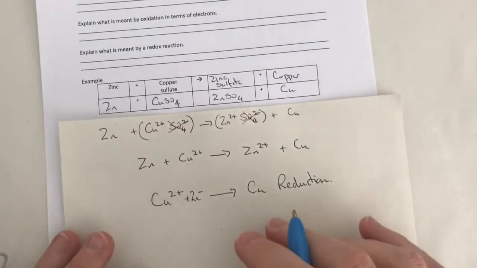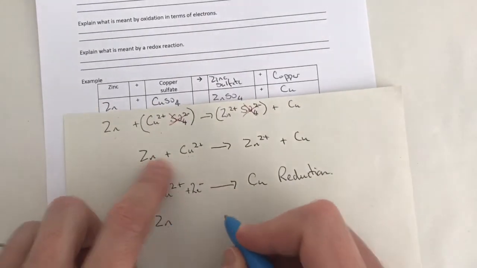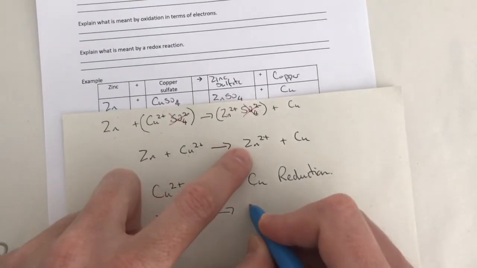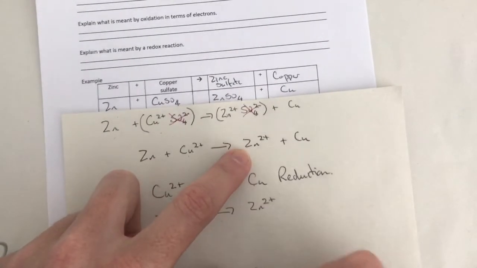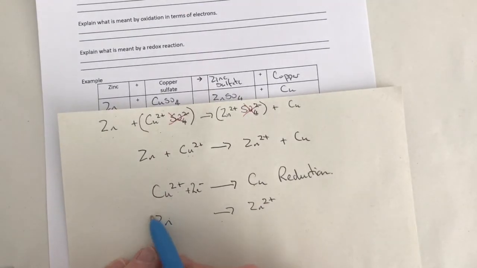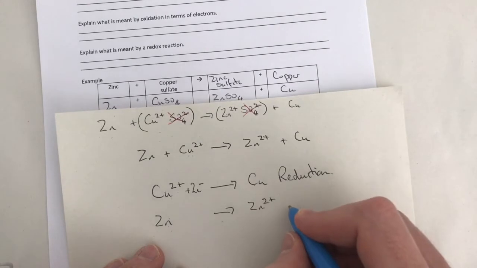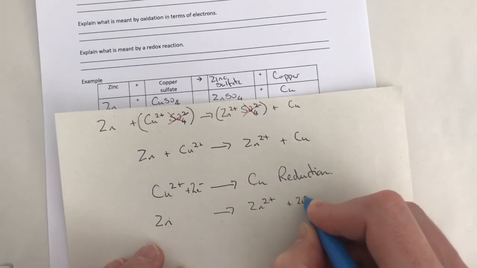Okay, let's look at the zinc. The zinc has gone from Zn, and then it's turned into Zn2+. How's it done this? Well, to go from something with no charge to something with a positive charge, you must lose negatives. You've got to release negatives. Those negatives are being lost as the ion forms.